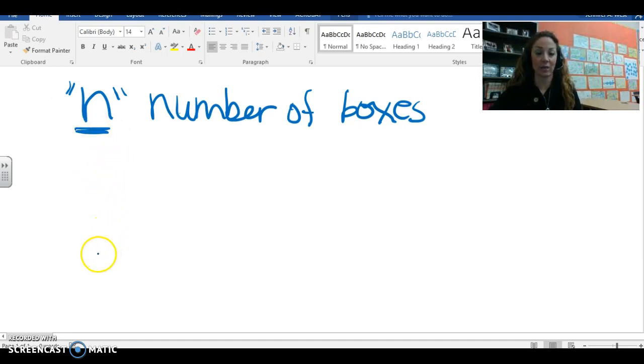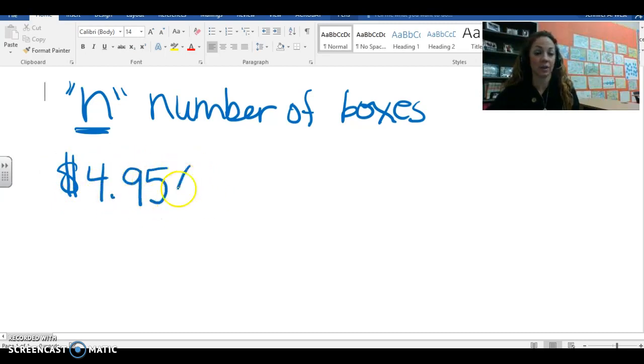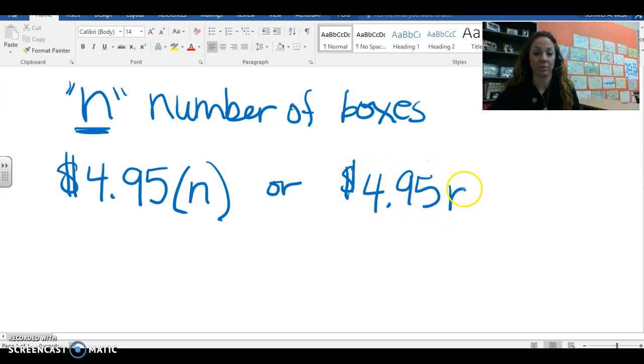The second thing you have to do is replace the given value of the number of small boxes with this variable, with our n. So your numerical expression, your algebraic expression, can be written like this: $4.95 times n, or you can write it as $4.95 times n just without the parentheses.